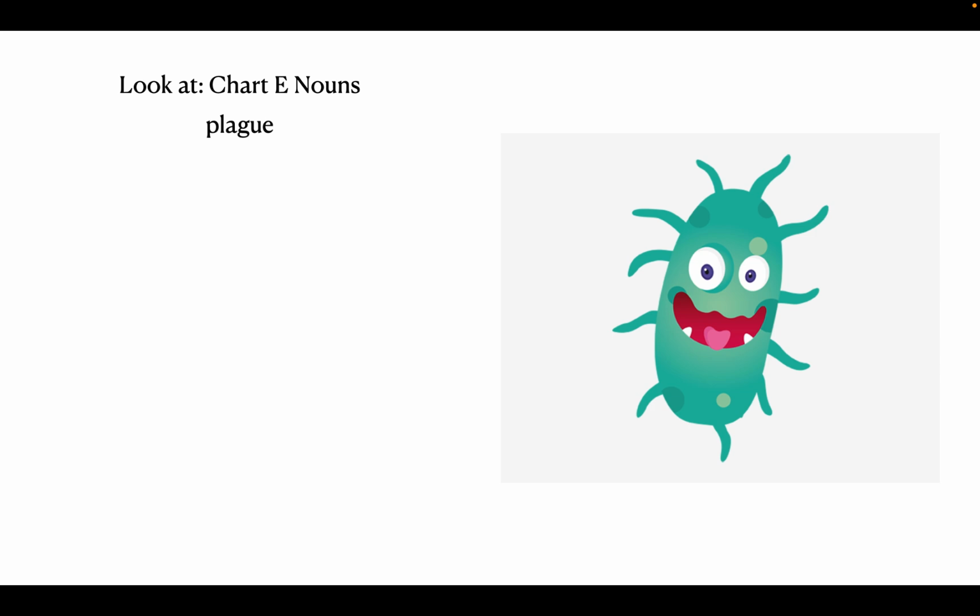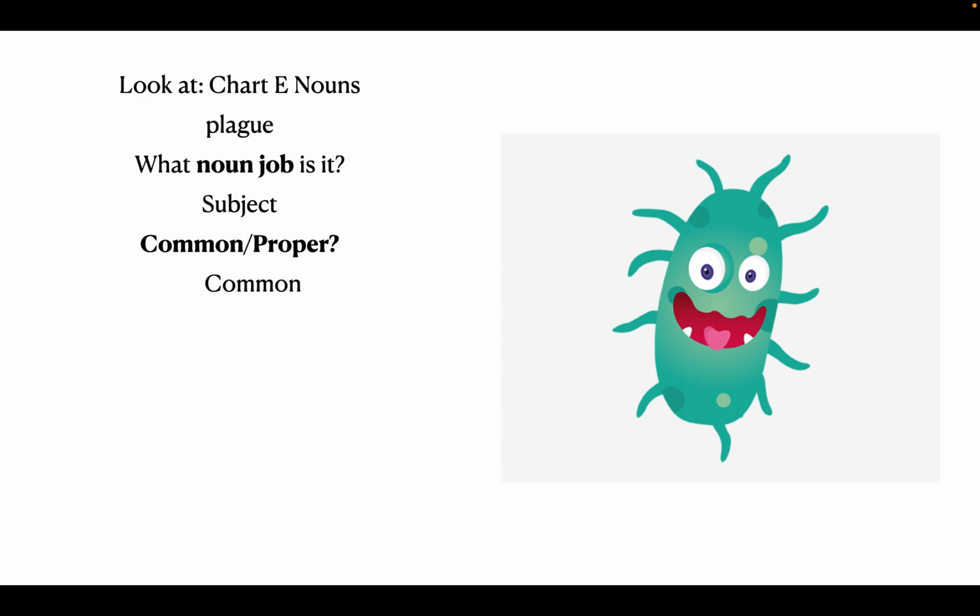All right, so let's look at chart E, nouns again, and we're going to look at plague. What noun job is it doing in this sentence? That's right, it's the subject. And is it common or proper? It is common. The plague is not a specific person, place, thing, or idea. Is it singular or plural?